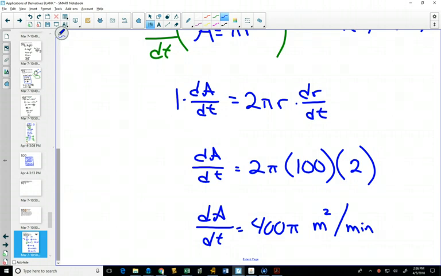So where are other examples of these circles expanding where you're wanting to figure out things like this? You could think of atomic bombs. When they go off, they expand circularly from where they exploded. And they go a little bit faster than 2 meters per minute.